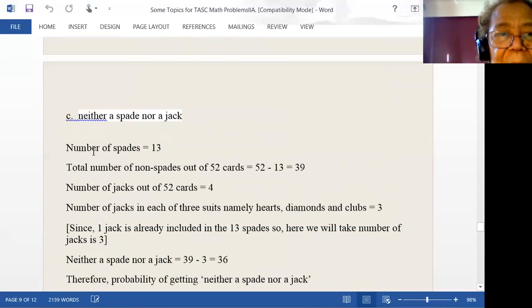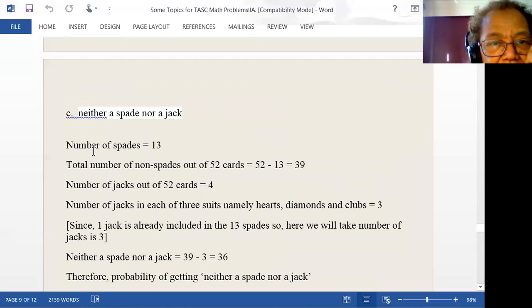Now, what's the probability that it's neither a spade nor a jack? Now, there are 13 spades in a deck of cards. Remember, each suit has 13. That means the non-spades would be the total 52 minus 13, which is 39. The number of jacks out of 52 cards is 4.